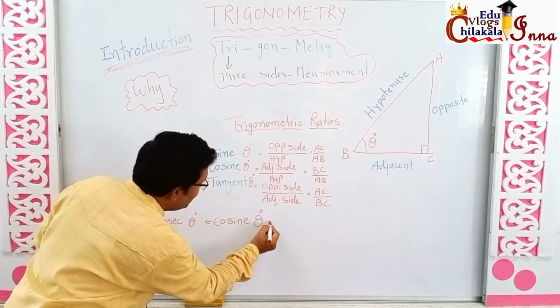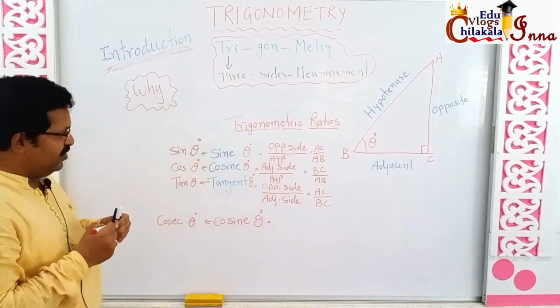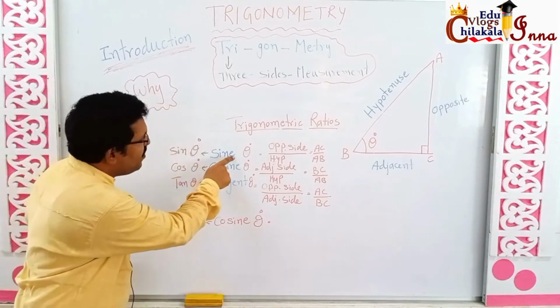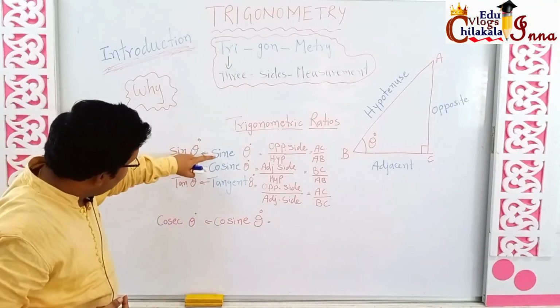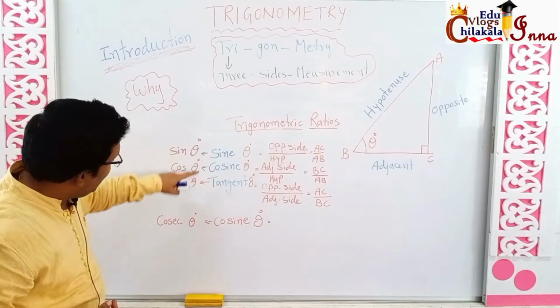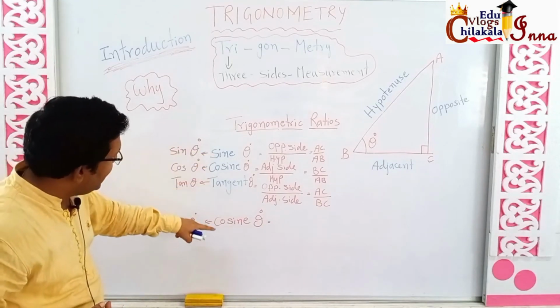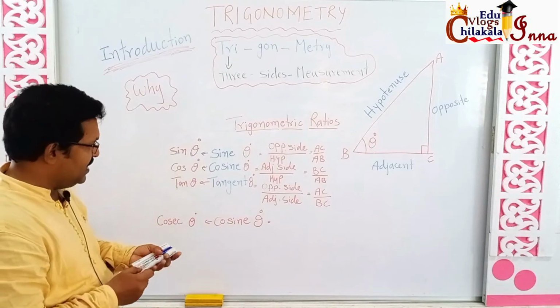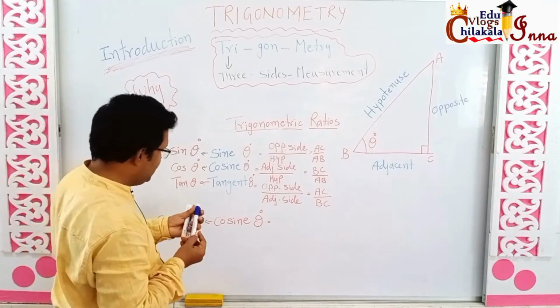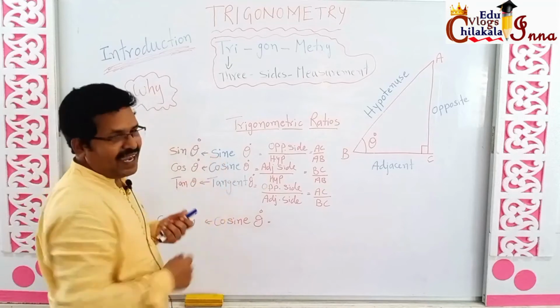So how are we going to measure this? Opposite of sine theta. Cosec theta is opposite of sine theta. What is opposite of sine theta? That means 1 by sine theta.